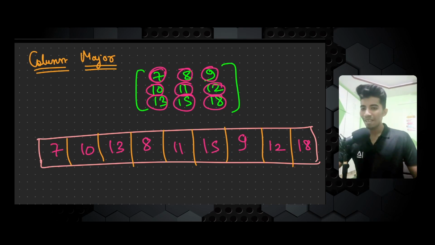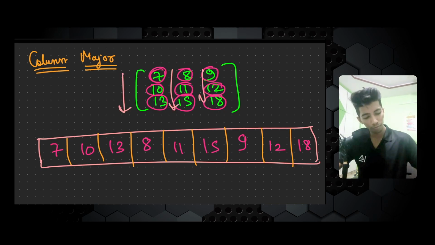This is very different from row major. In column major we are not traversing like this, we are now traversing like this through columns. This is actually the funda of column major.